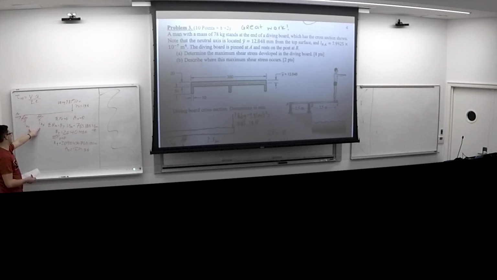So now we have values for Ay and By. Ax just went away. So now from this, we're going to draw, they didn't give it to us this time, so we actually have to draw out the V diagram. That way we can get the V max value for the first part of that equation. So I'm actually going to draw it under this, so make sure you copy that so I can erase it. Everybody grab that? Cool.